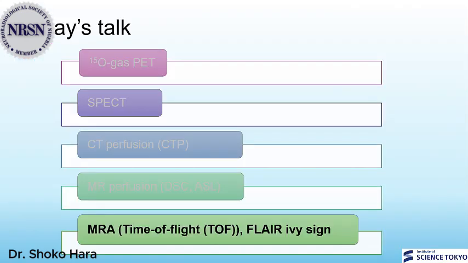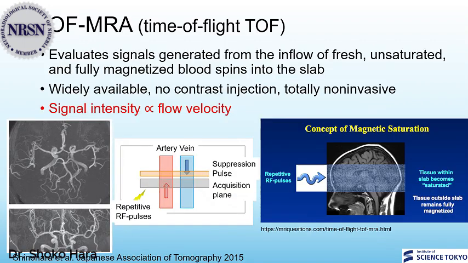The last topic is alternative methods for direct measurement of cerebral hemodynamics. As you know, time-of-flight MRA is the standard technique for assessing vascular structures in daily clinical practice. However, MRA does not represent the true anatomical structure.